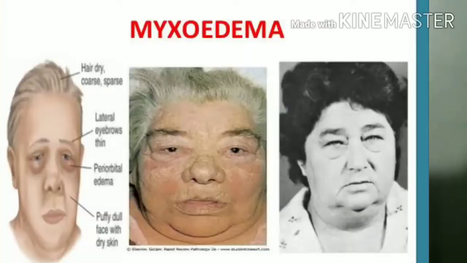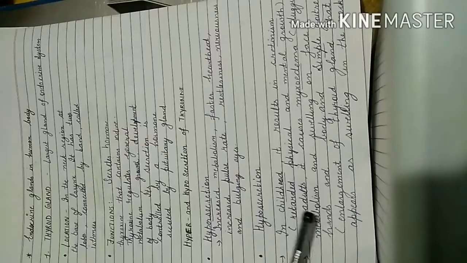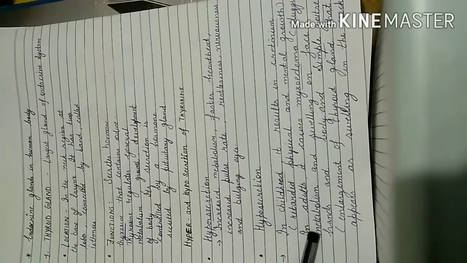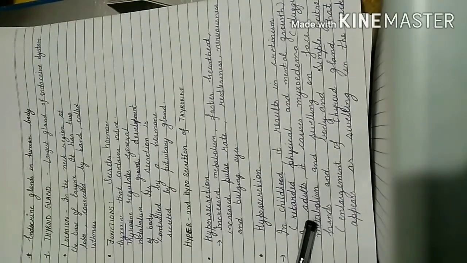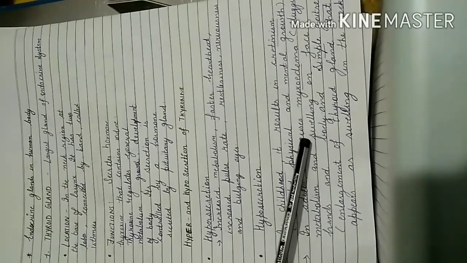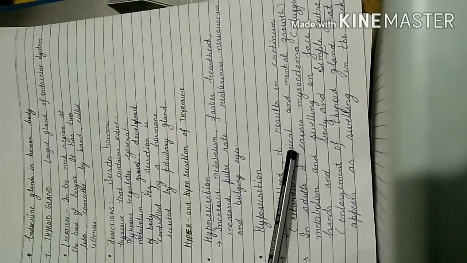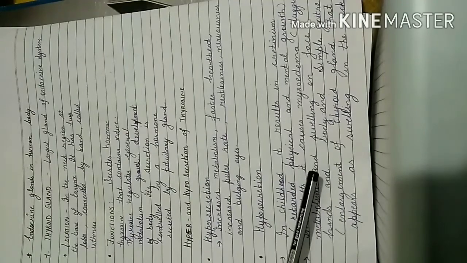So whenever the thyroxine hormone is produced in less amount, in adults it results in myxoedema, in which they show symptoms such as sluggish metabolism. Sluggish metabolism means less metabolism, slow metabolism. Their rate of metabolism will be less, and there will be swelling on the face as well as on the body.